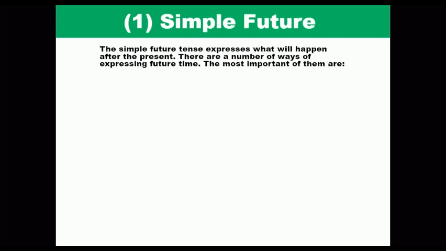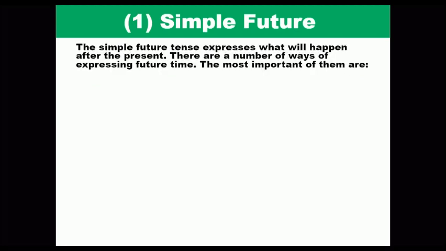Let's begin with the simple future tense and the uses of the simple future tense. Now, the simple future tense expresses what will happen after the present time, after the present. There are a number of ways of expressing future time. The most important of them are as follows.